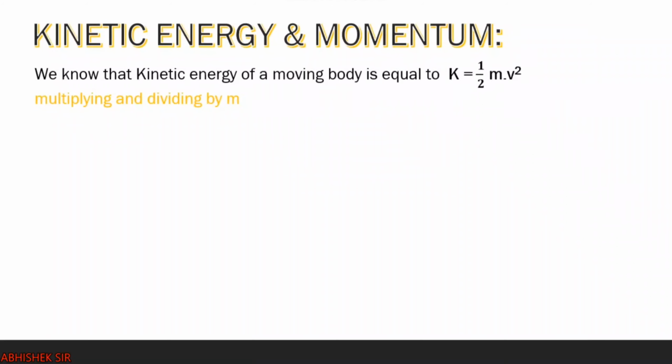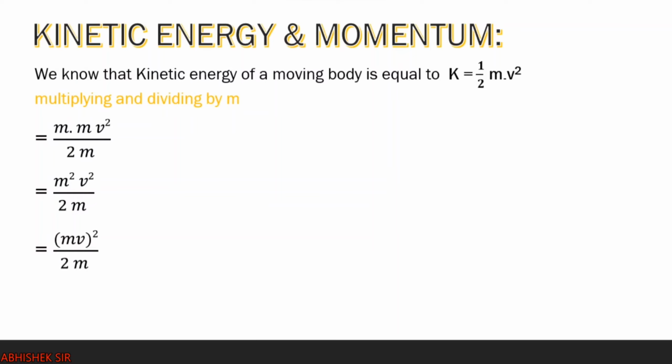Let us multiply and divide the right hand side with m. So in the numerator we will have an m extra, and in the denominator we will have another m. In the numerator we have m into m, which converts into m square. Rest everything will remain the same. In the numerator, m square v square, we can combine them into a single bracket and write mv whole square.